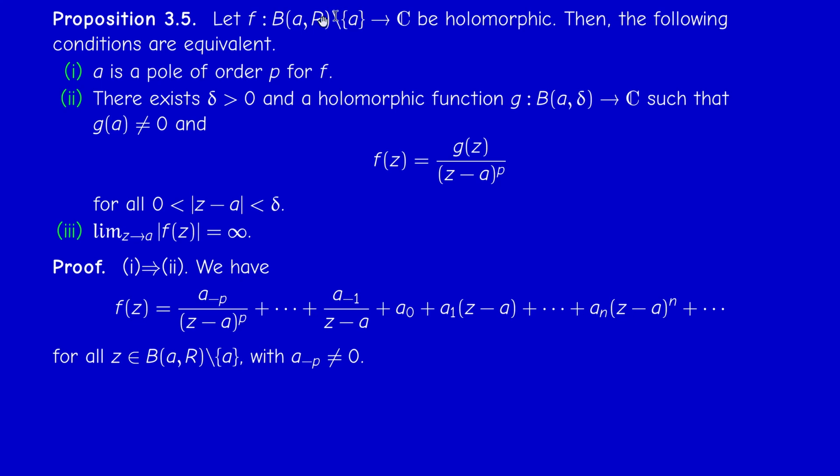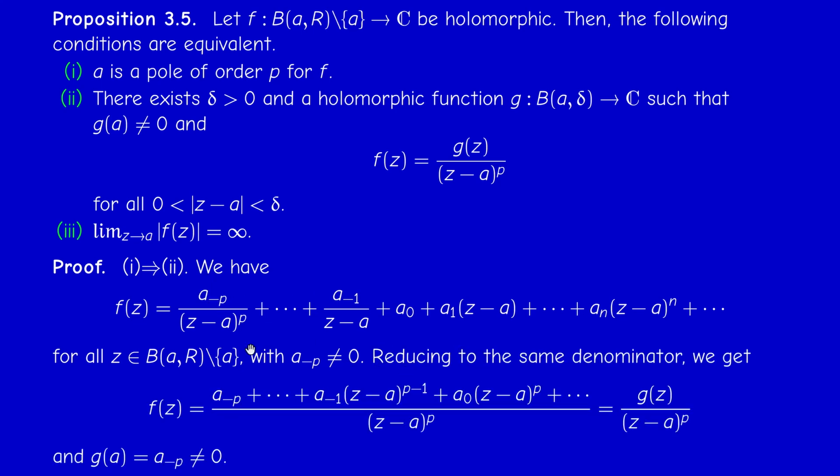We proceed as we did before. We expand f in a Laurent series. This is the singular part plus the regular part. The singular part is a_{-p} over (z minus a)^p up to a_{-1} over z minus a. And since a is a pole of order p, the leading coefficient should be not 0.